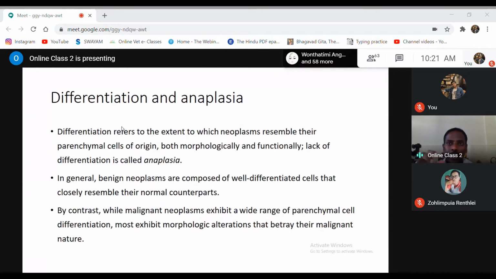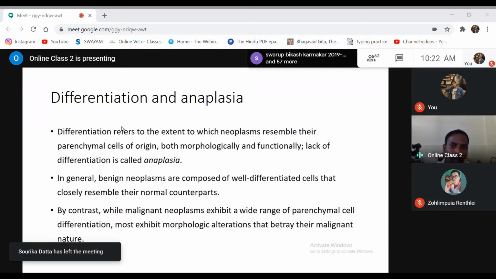When a neoplasm takes place in a salivary gland and it is benign, you can find that the tumor also produces saliva. But in case of a malignant condition, it may not produce saliva. So that is functionally not differentiated. Is that clear?